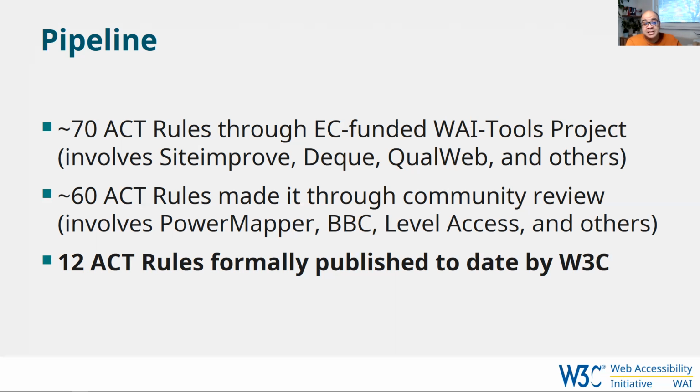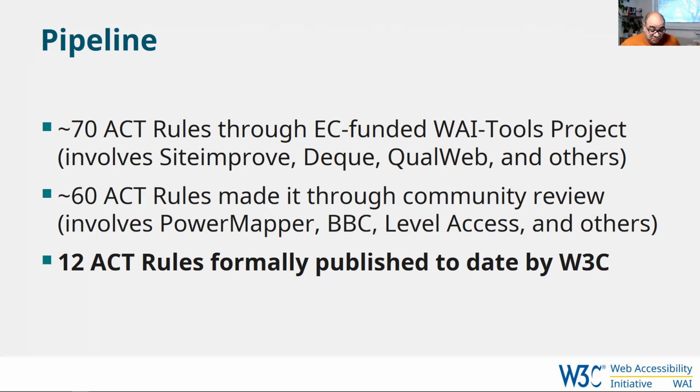We can then take it to the W3C working group, which does further review and approval. There's a further discussion by a broader group, including the group that actually develops the Web Content Accessibility Guidelines, and either approves or turns down these rules.